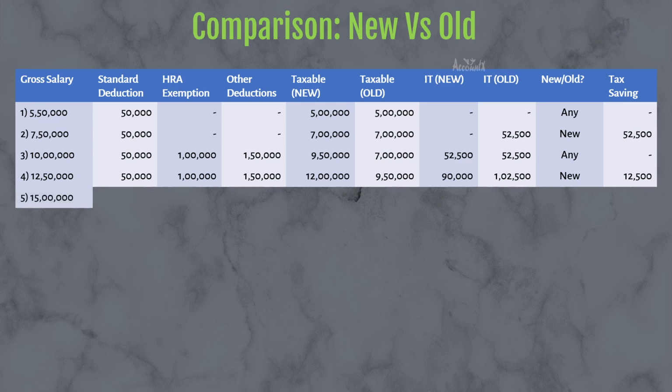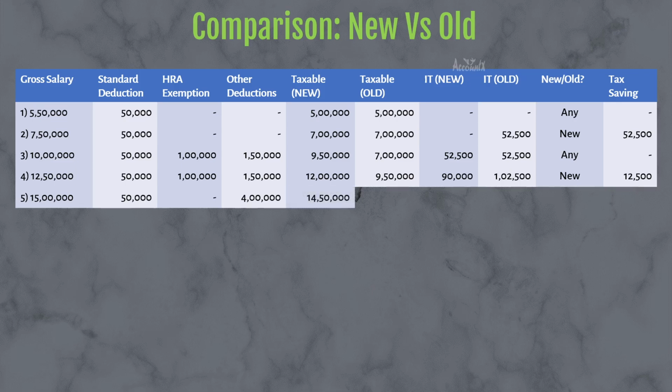Next, gross salary is 15 lakh. Standard deduction is same 50k. Here you have no HRA exemption, but your other deductions have gone up to 4 lakh. Let's say this would include 80C deduction of 1.5 lakh, then 80D or any other deduction of 50k. Then you have deduction of interest on housing loan 2 lakh.